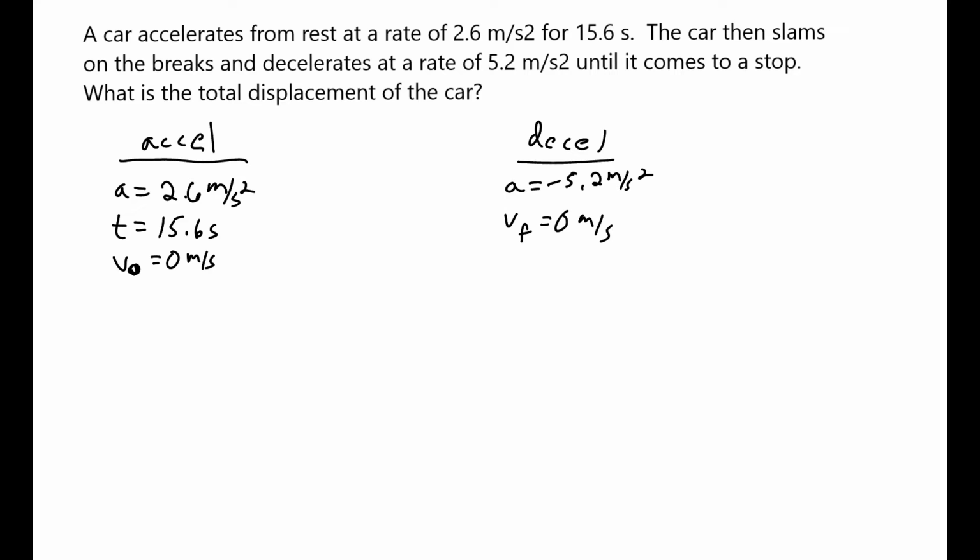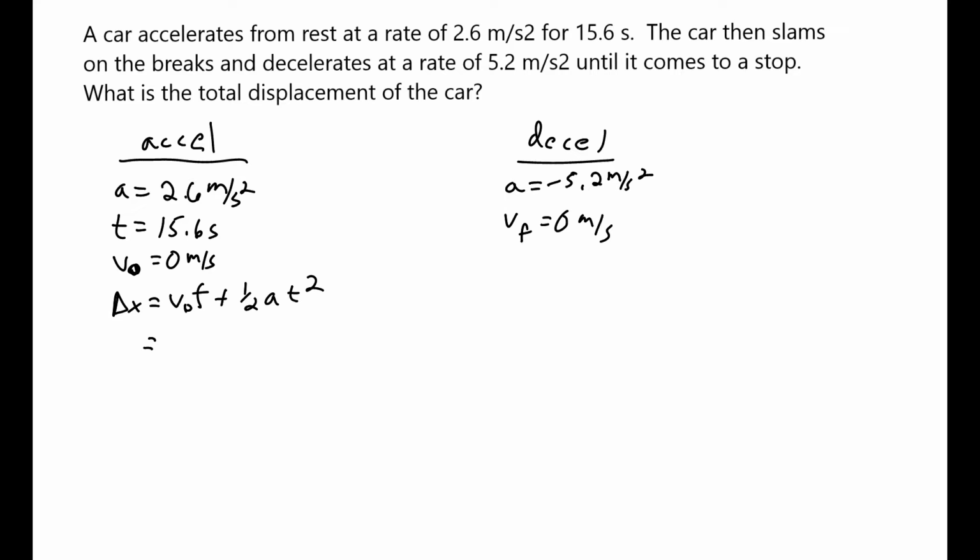Alright, so we're going to want to find the displacement for both of these and add them together, right? What equation can we use to find the displacement for the first part? Yep. So it's going to be delta x equals V0 t plus 1/2 a t squared.